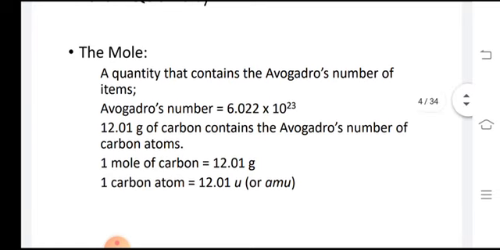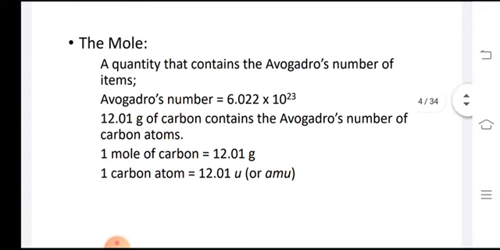So 1 mole of carbon is equal to 12.01 grams. One carbon atom is equal to 12 atomic mass units. So these are some basic terms.